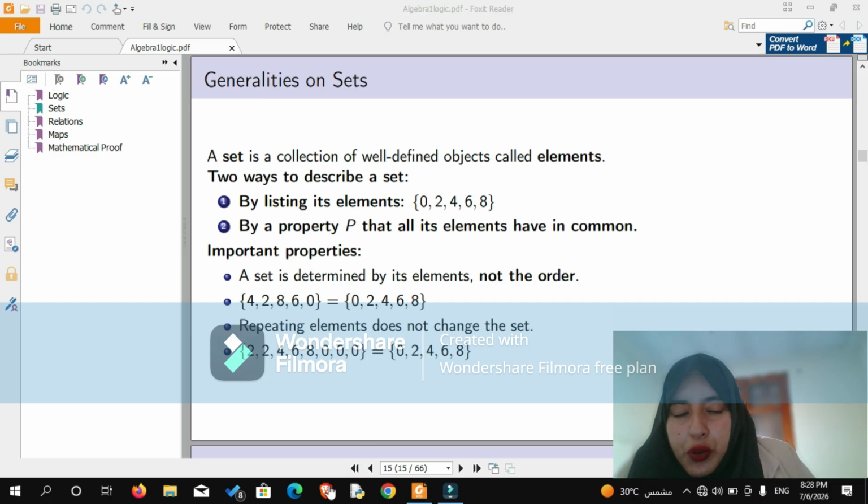Another way to describe a set is by listing a property that all the elements in it have in common. A set is determined by its elements, not the order. If we switch the order, it's the same set. If we list the same element many times, it's the same set and doesn't change.